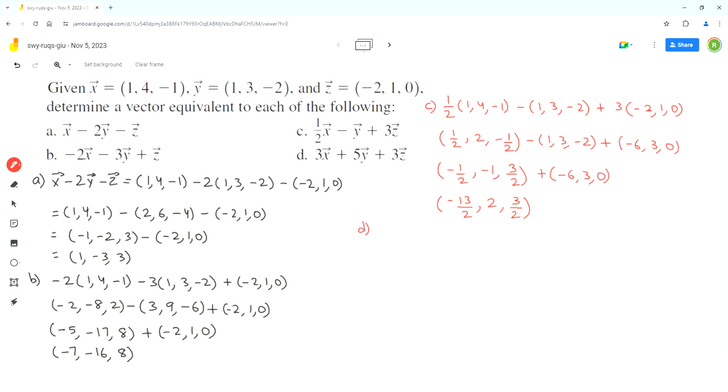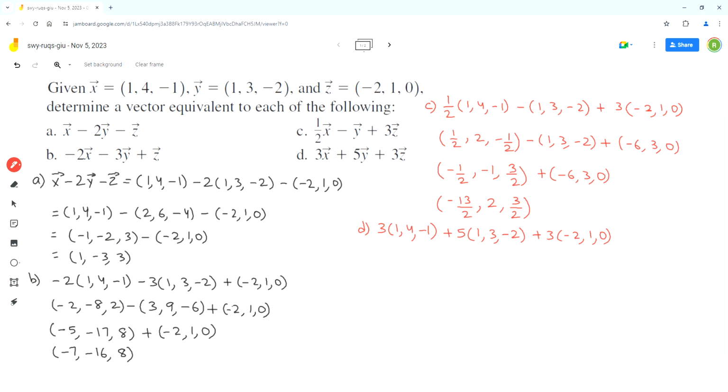Now we can analyze part D. So we'll sub in the x, y, and z vectors in the expression. Now we can do the scalar multiplication.